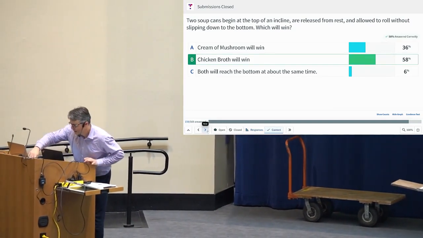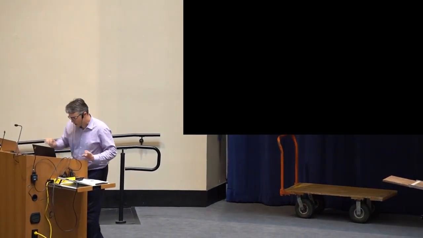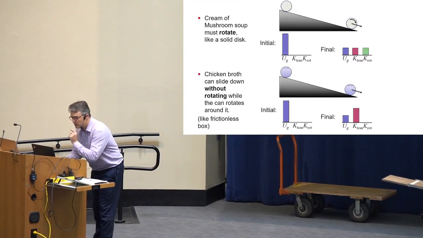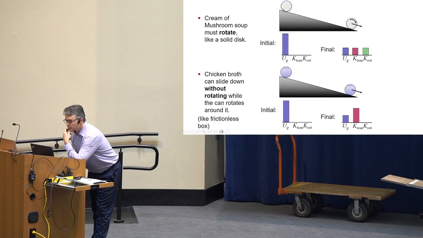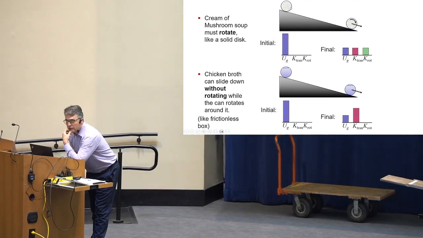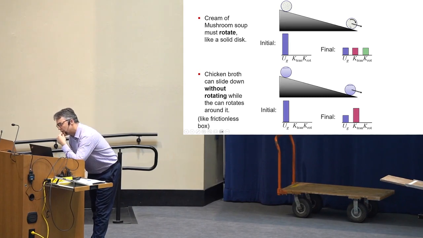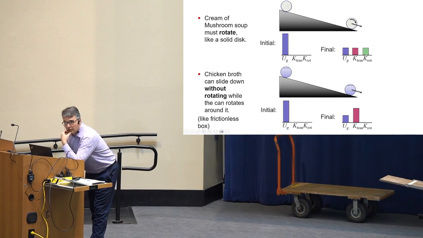What I think is going on here is the cream of mushroom soup must rotate because it's all sticky and sticking to the inner surfaces of the can. So it's like a solid disk. And I think you end up with a bunch of rotational kinetic energy.